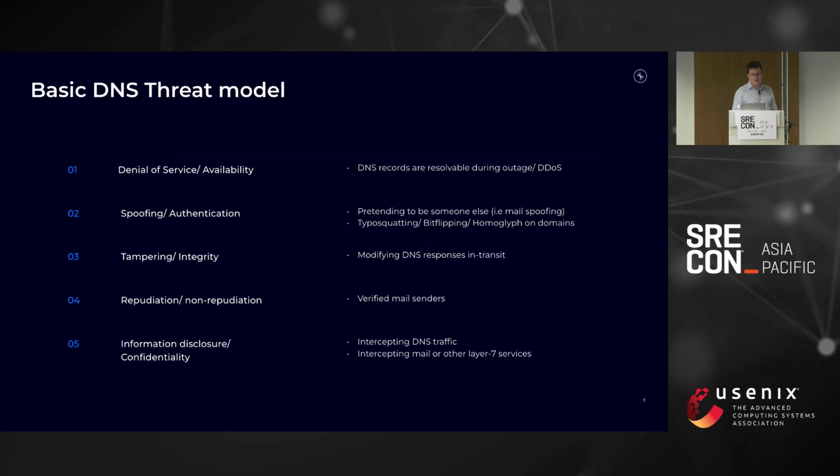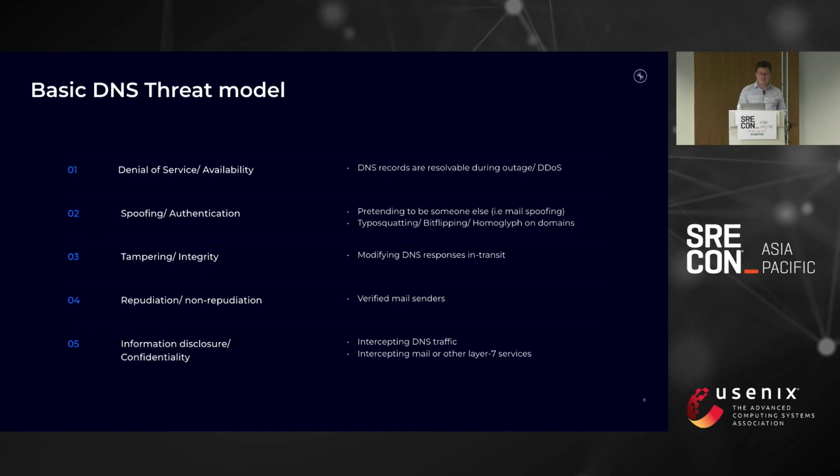Tampering, which impacts integrity. An example of this is DNS responses being modified in transit, sending you to a different destination than what is intended. Repudiation and non-repudiation: can we actually validate that this mail is from this particular person?